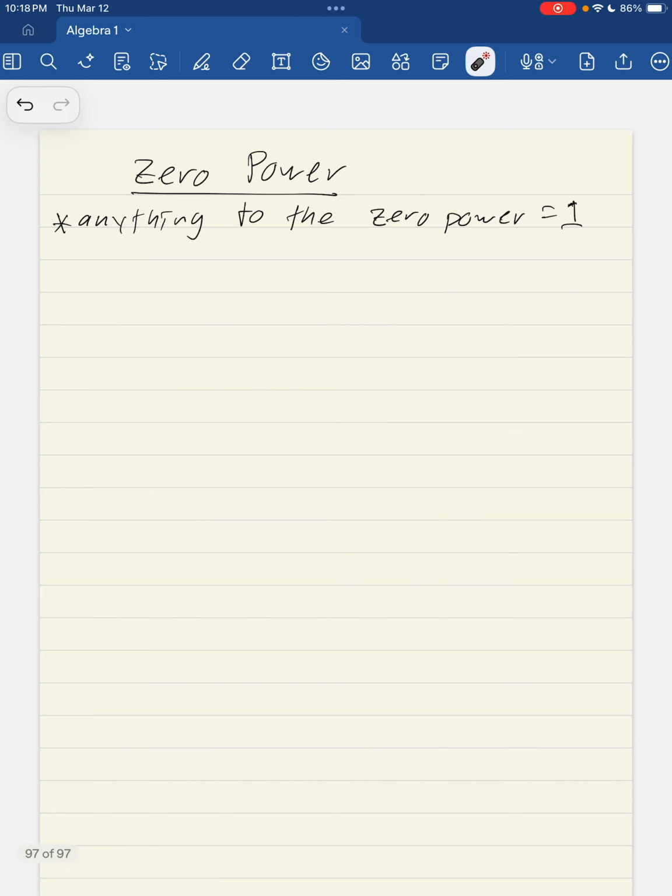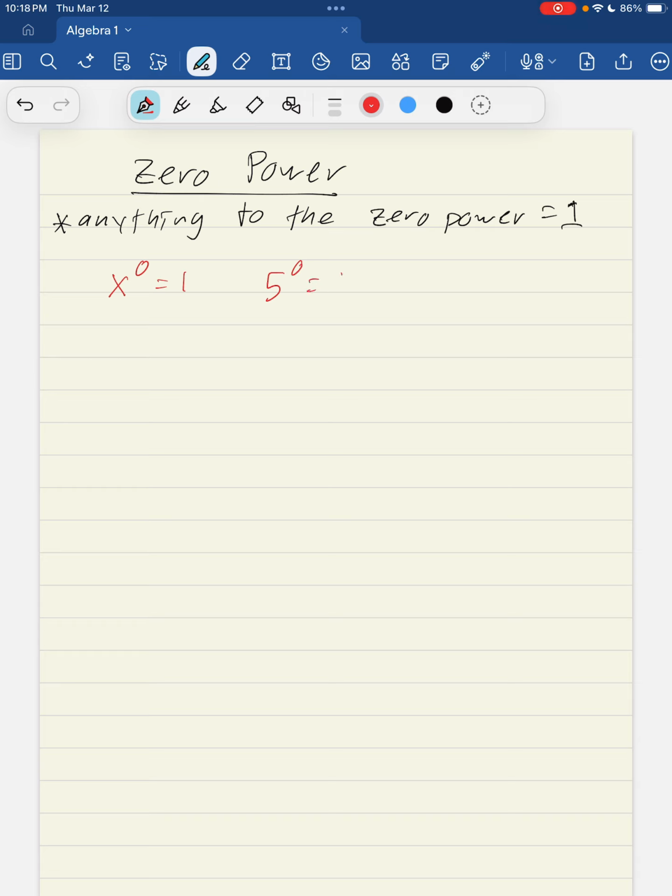The zero power. This one is unique, but it's also pretty quick. Anything to the zero power equals 1. So that means if you have x to the 0, it equals 1. If you have 5 to the 0, it equals 1.